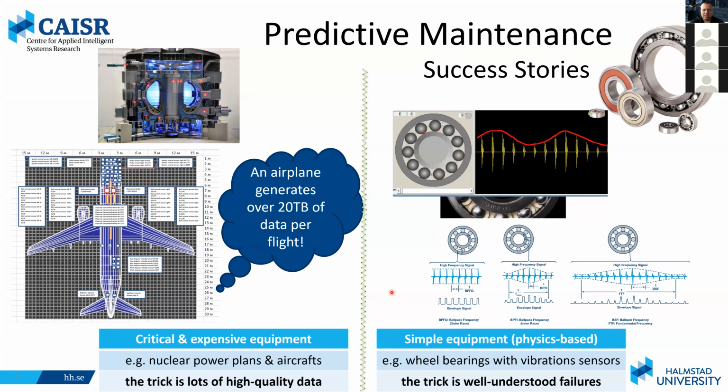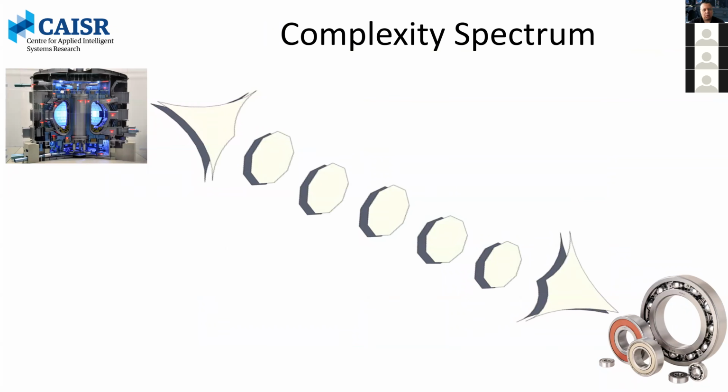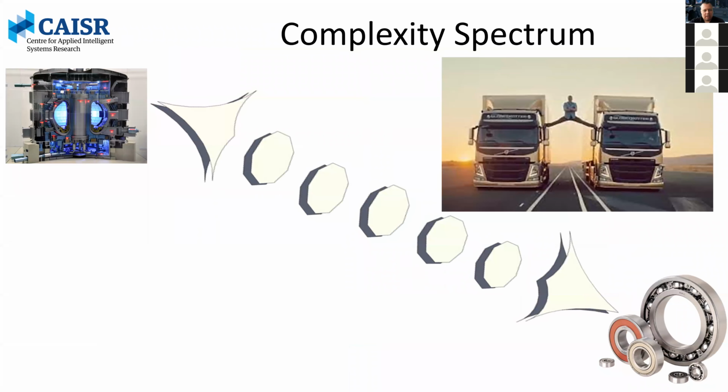So even with really simple sensors, you can do very precise analysis. Now, what I'm personally interested in is some kind of complexity spectrum between those two extremes. For example, I'm working a lot with the automotive industry, and Jessica will tell us a lot more later on about the actual practical challenges.